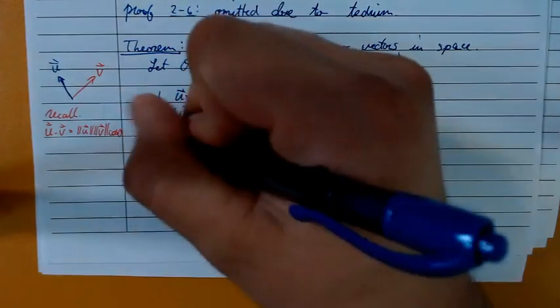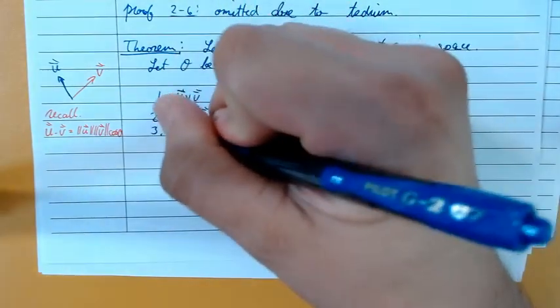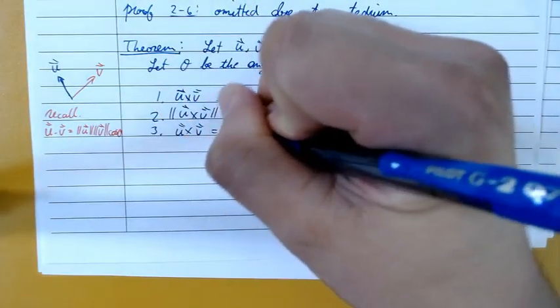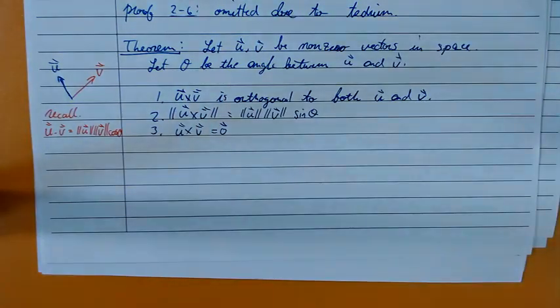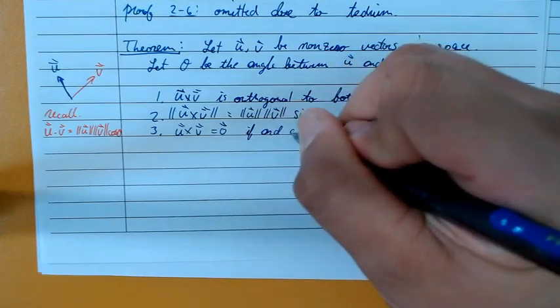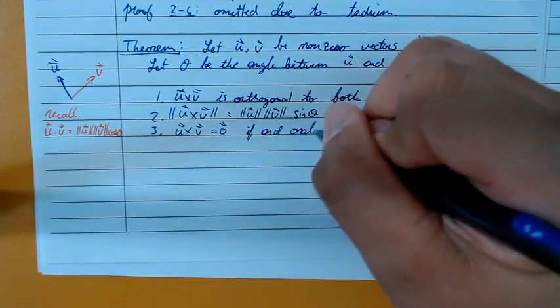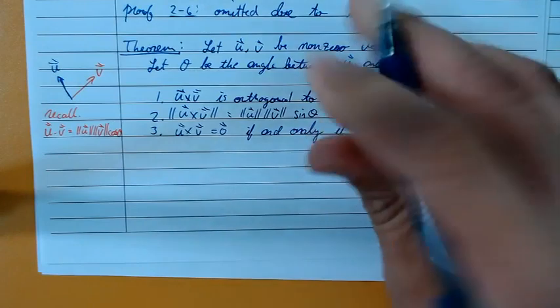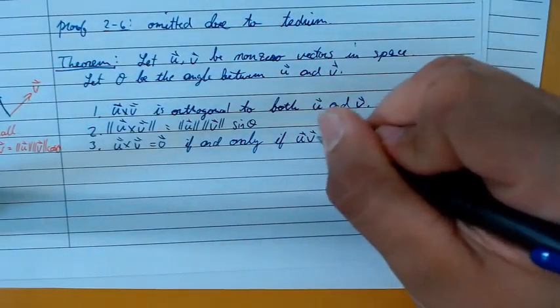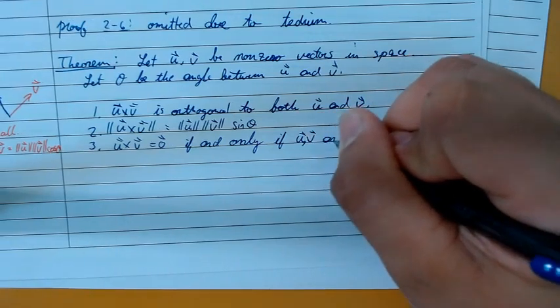Okay. Third property, u cross v is equal to the 0 vector if and only if u and v are parallel.